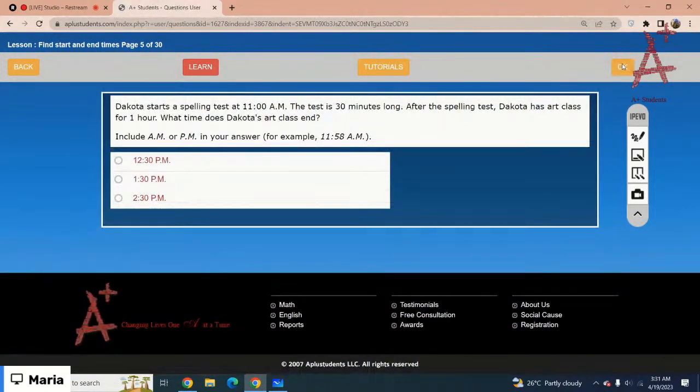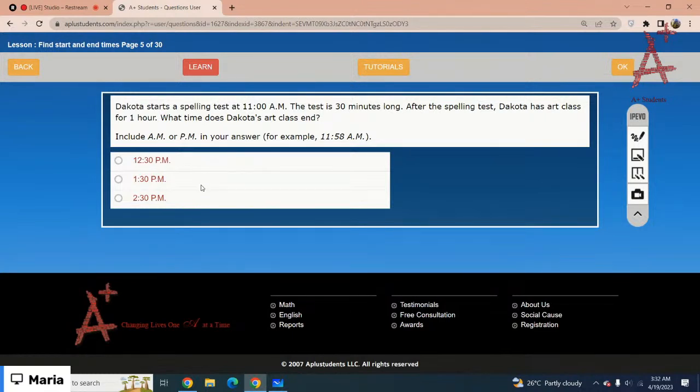Okay. Dakota starts a spelling test at 11. It would be 12:30.